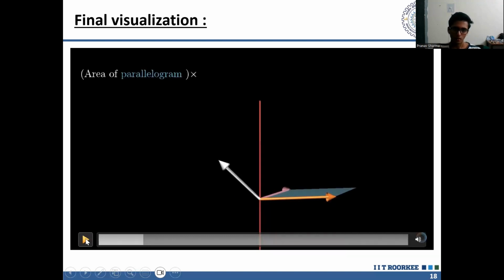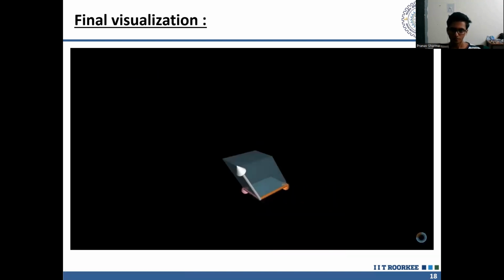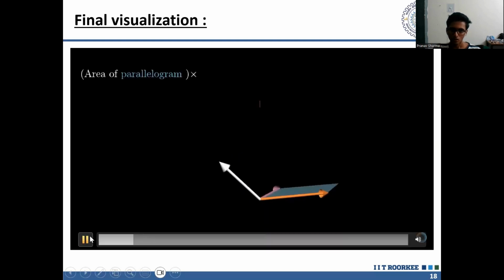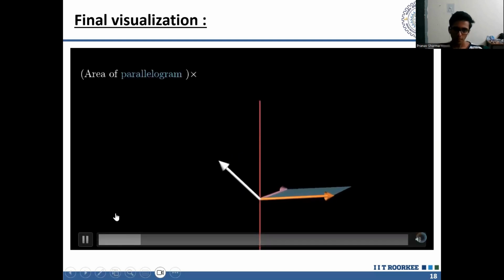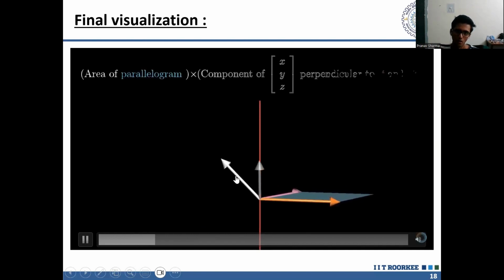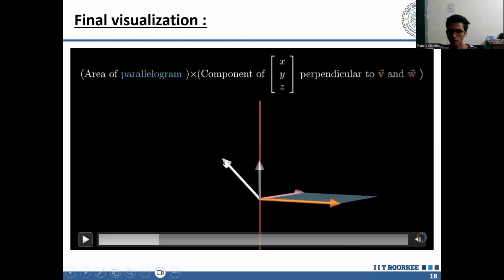But we can see that multiplying it with the area is similar to taking the dot product. Means, let me clarify. When we find the volume of this parallelepiped, we want to multiply the area of this parallelogram with the perpendicular vector, which is the height of the parallelepiped.